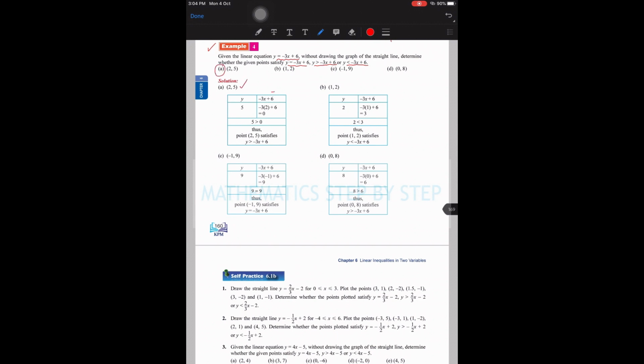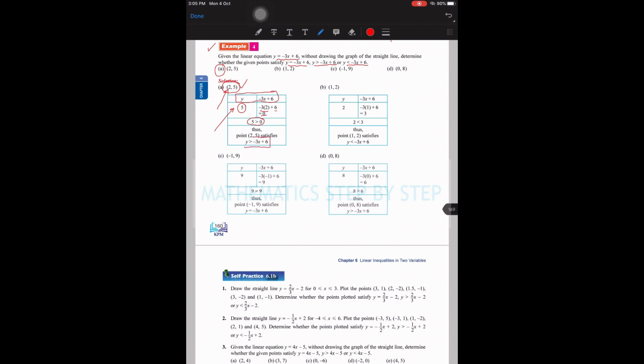We know y equals negative 3x plus 6. Now let's substitute x equals 2 into the equation. Negative 3 times 2 plus 6 gives us 0. So when x is 2, we get y equals 0. So 5 is actually greater than 0, so we know that this point is situated above the straight line.